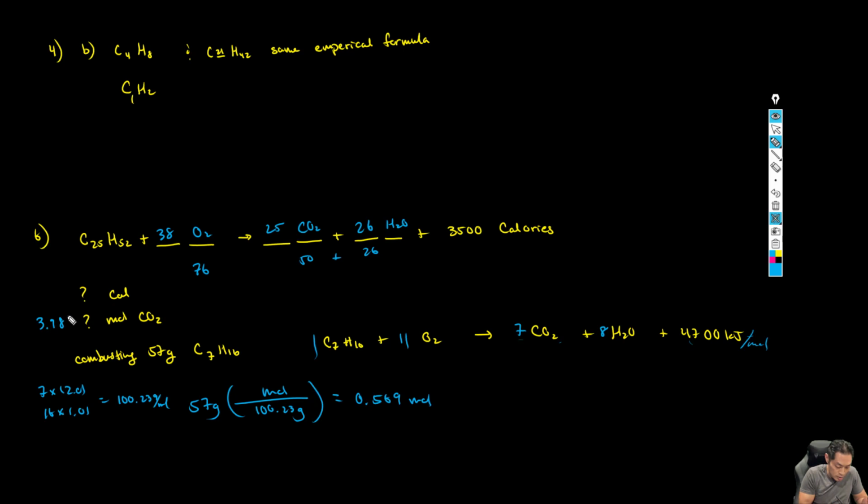Then I want to know how many calories, so it's this many per mole, so I'm going to multiply by 4700 kilojoules per mole. The moles cancel out, I'm left with kilojoules, and I have 2672.8. I started off with 2 sig figs, so I'm going to end with 2 sig figs, so it's about 2700.